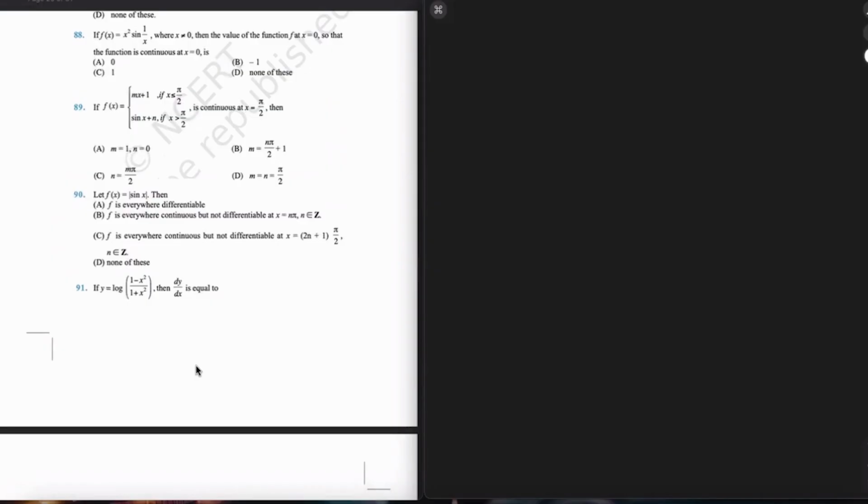Alright. The function is x square sin of 1 upon x, so that the function is continuous at x is equal to 0. So we know that f(x) is continuous at x is equal to 0. Since f(x) is continuous, the limit must exist.